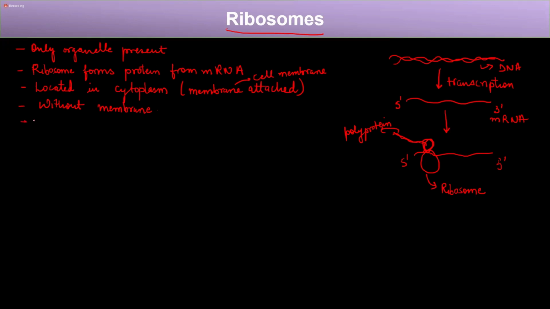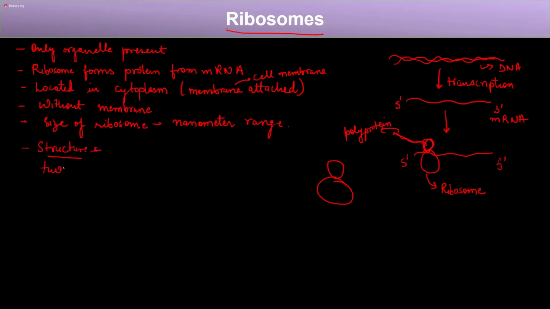If we talk about the size, the size of the ribosome is very small, in the nanometer range. You just saw in this structure that a ribosome looks something like this. So if you talk about the structure of a ribosome, it has two subunits.